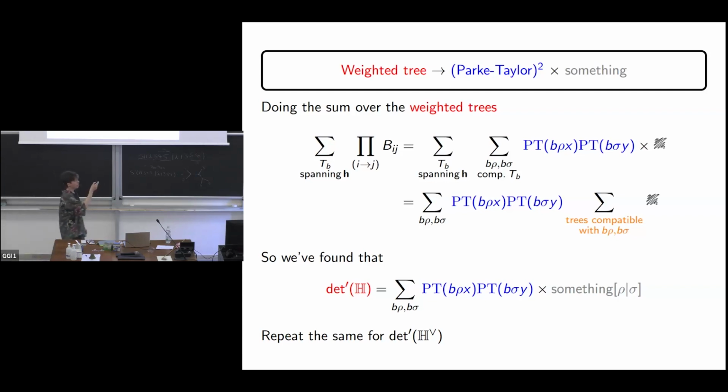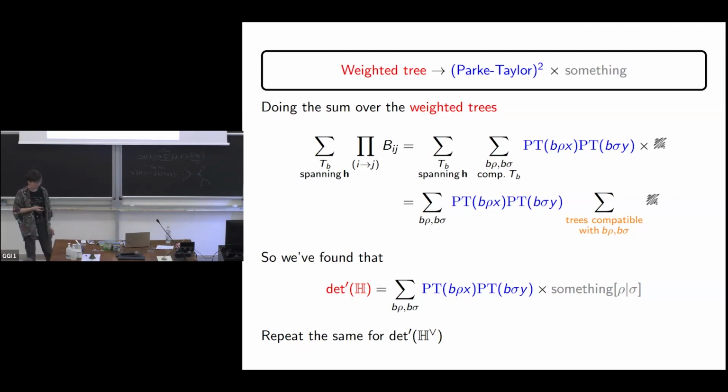And completing this calculation, we basically find that our reduced determinant is equal to some Parke-Taylor factors times something else, which is constructed out of these square brackets and some other contractions of things on CP1. And we can repeat the same thing for the other determinant, which is over the negative helicity gravitons.